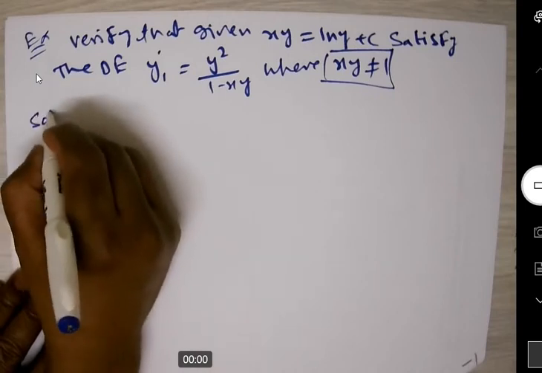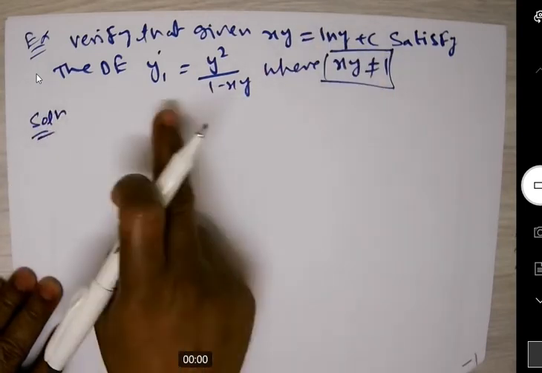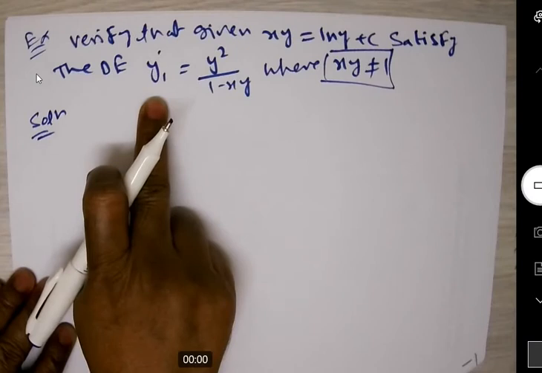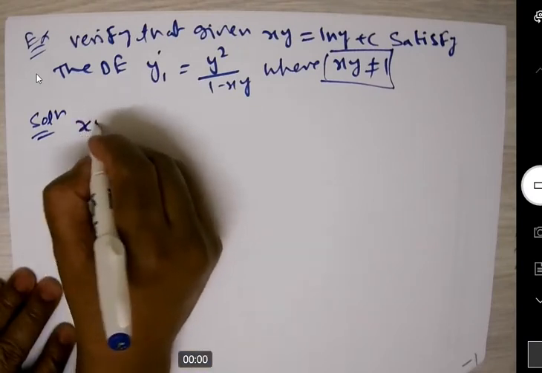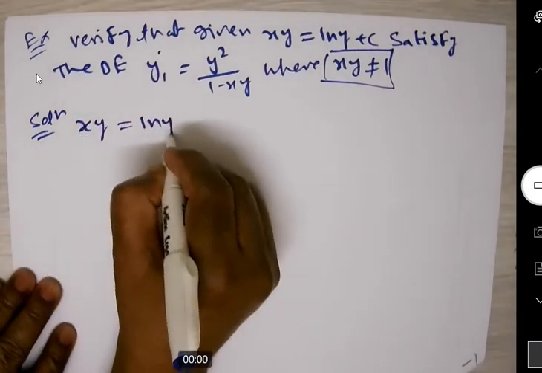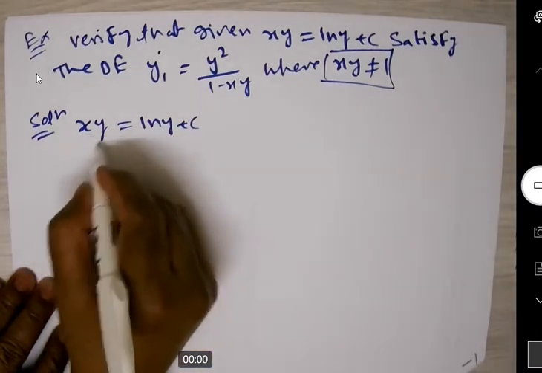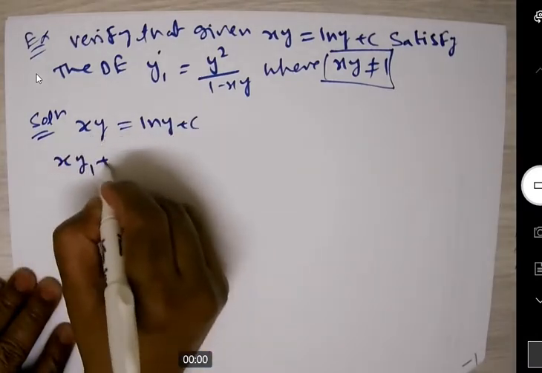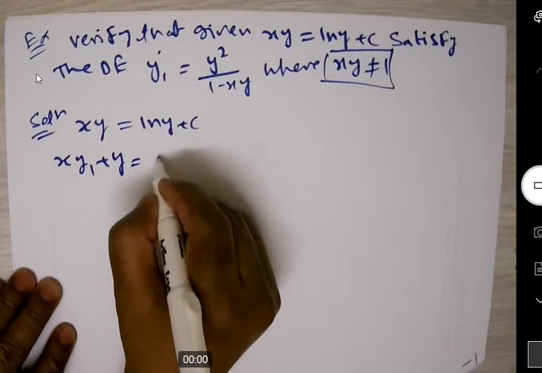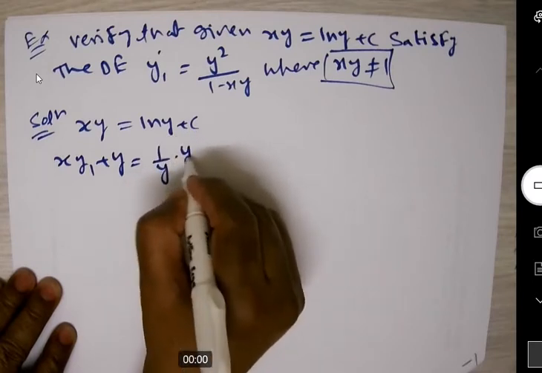For that, check what is wanted: y1, the first derivative. The given function is xy equal to ln of y plus c. Differentiate using the product rule: x y1 plus y is equal to the derivative of ln y, which is 1 divided by y into y dash.